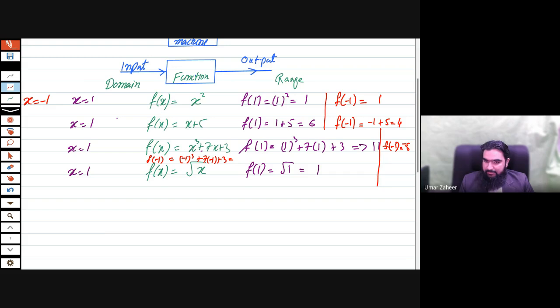minus 5. In the same way, if I substitute minus 1 here, can anyone tell me what is the answer of f of minus 1, meaning square root of minus 1?